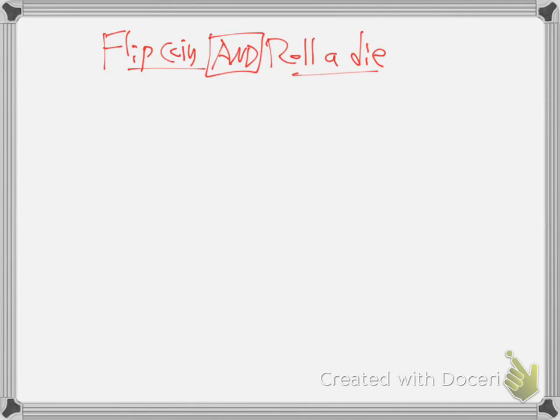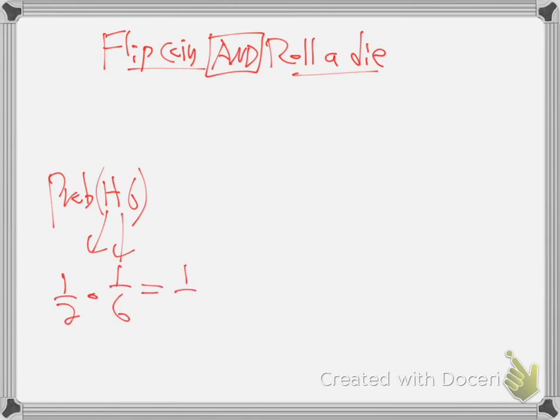So if I said, what's the probability of getting a heads on the coin and a 6 on the die? Well, what's the chance of getting heads? 1 out of 2. What's the chance of getting a 6? And you multiply those together, 1/12. Do you remember that from last time? And is multiply.